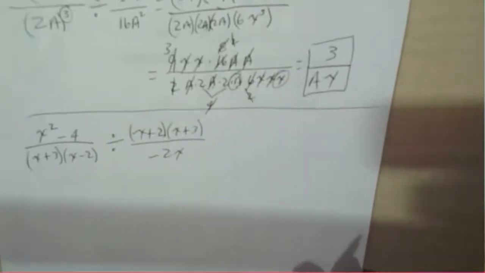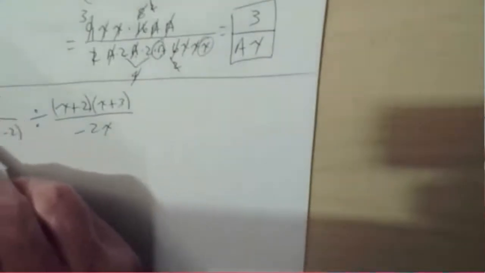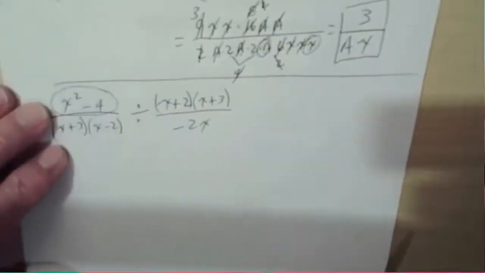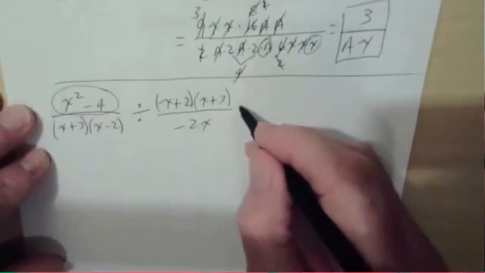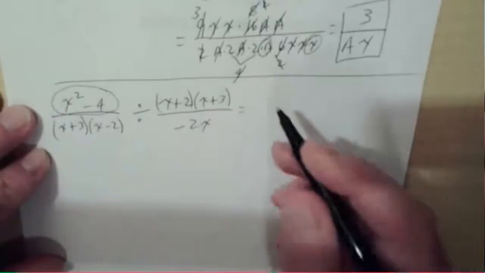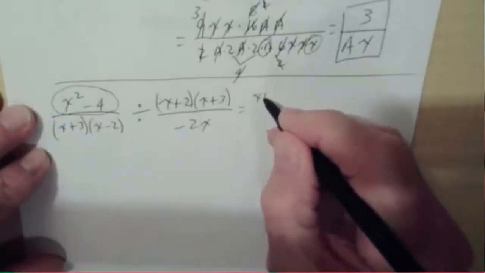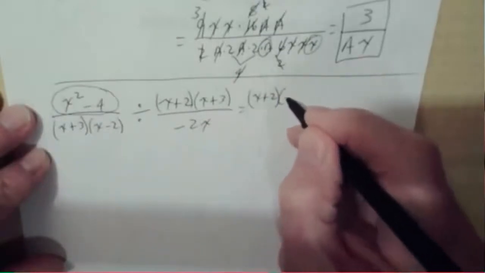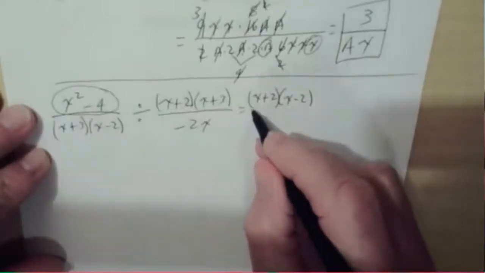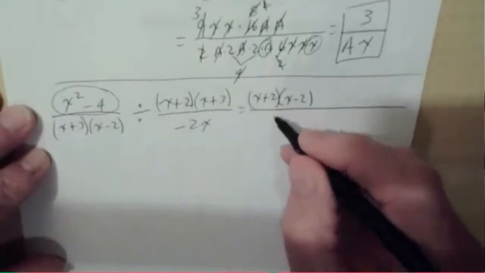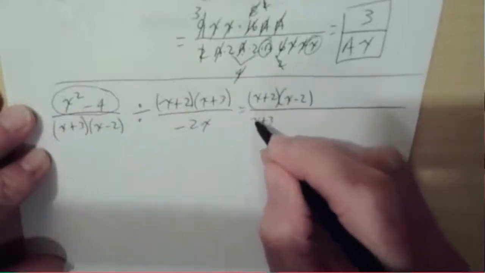We don't. Now what is this? You need to look for these because they come into play a lot. What is it? Right, it's a conjugate. So x squared minus 4 is x plus 2 times x minus 2, over x plus 3 times x minus 2.